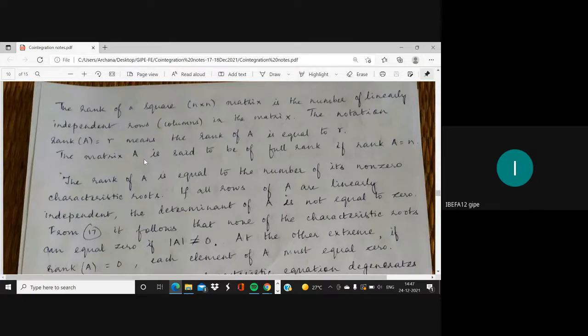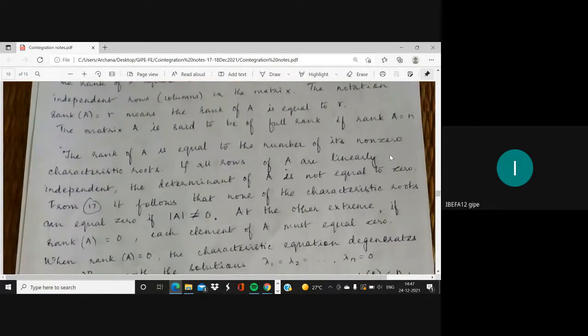The matrix A is said to be of full rank if the rank of A is equal to n, which means there are n linearly independent rows and columns of A. Whenever the rank of A is equal to n, it is said to be of full rank, which means all the rows and columns are linearly independent.